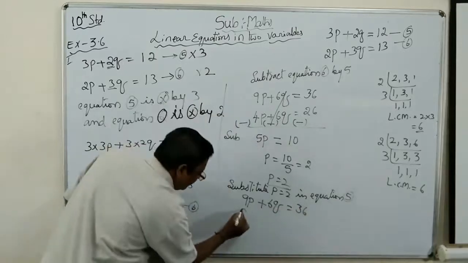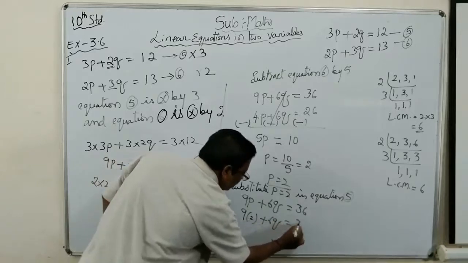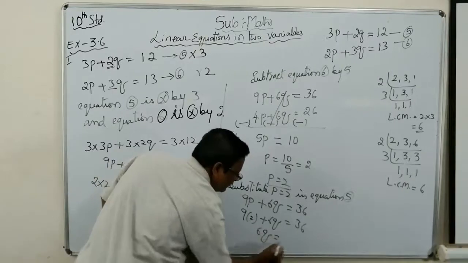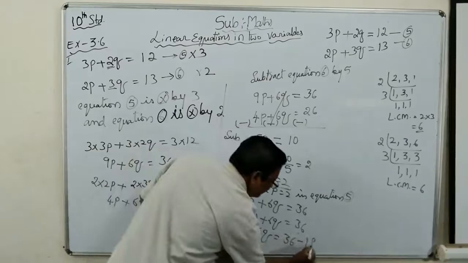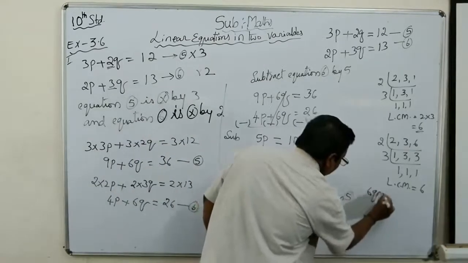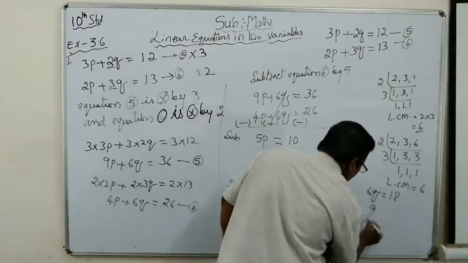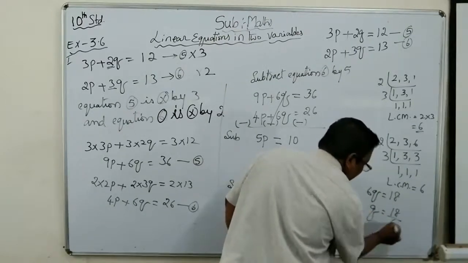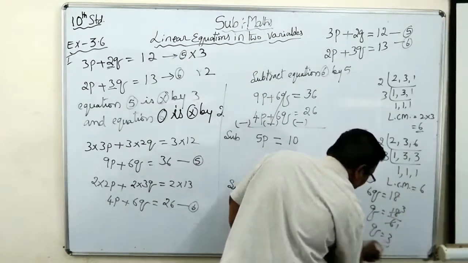What is P? 9 into 2 plus 6q is equal to 36. 9 2s are 18. This 18 comes this side, minus. 6q is equal to 36 minus 18, which is nothing but 18. Q is equal to 18 divided by 6. This 6 comes this side, division. 6 3s are 18, Q is equal to 3. This is the Q value.